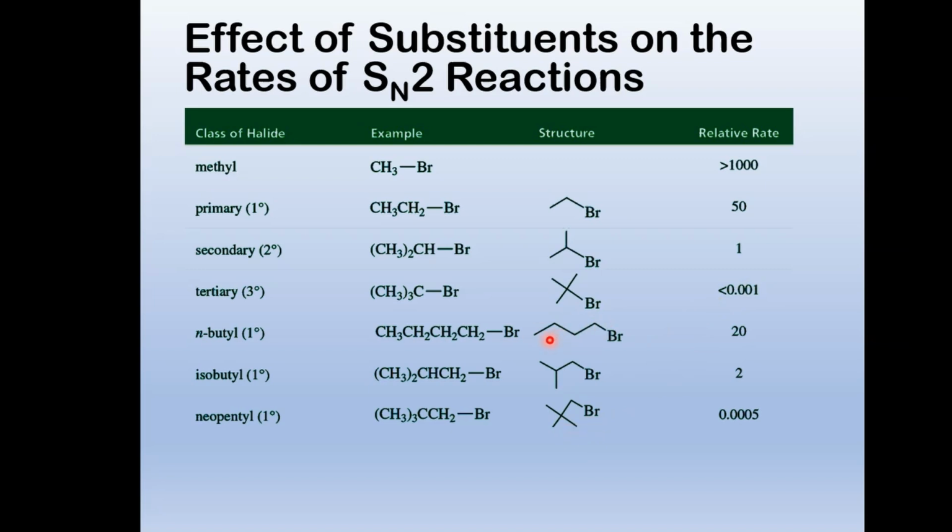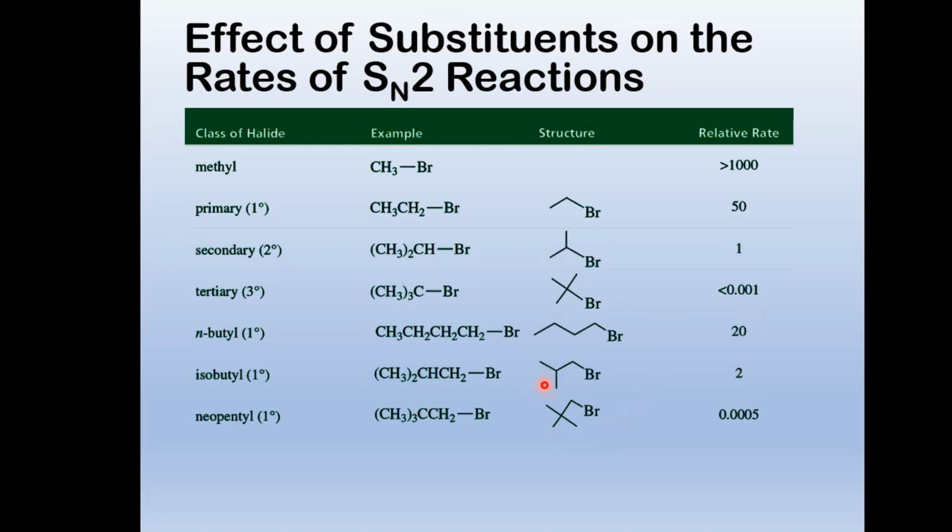So here's an n-butyl. It's a little less than when we have an ethyl. Why is that? These bonds rotate and it whips around like a chain, and the nucleophile's like, I need to come in and slam into this atom right here, and this chain is wiggling around. Stay away. Of course, that's not what's happening. But this effect here would be steric hindrance.